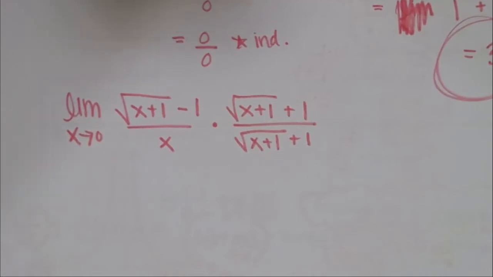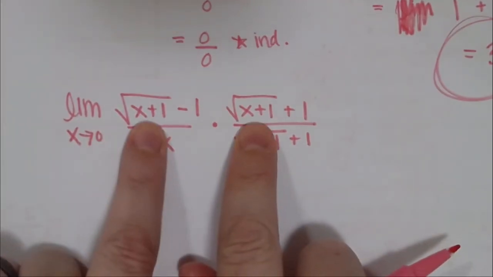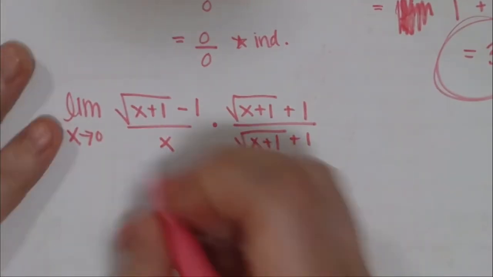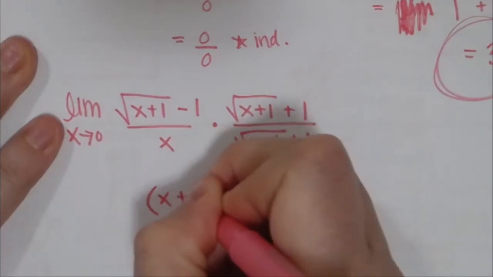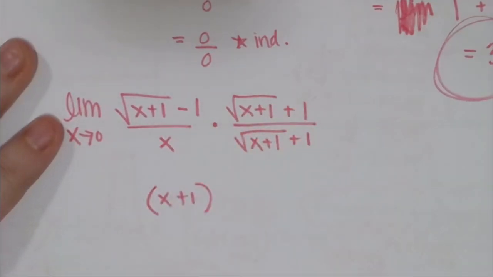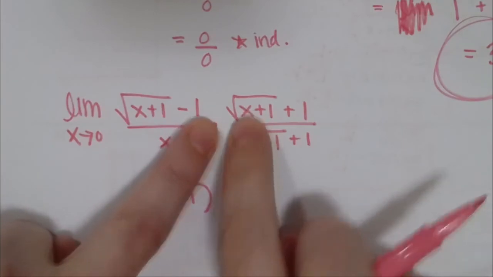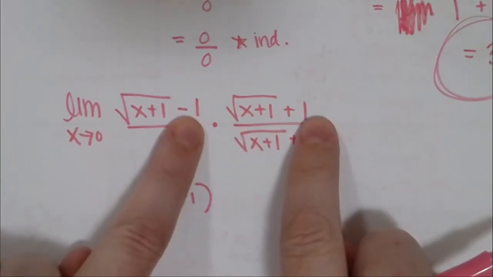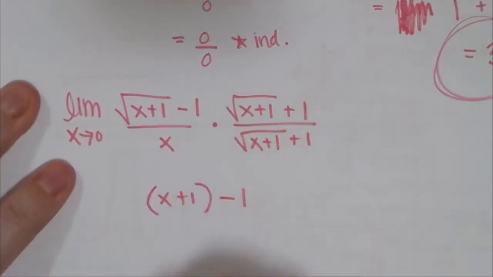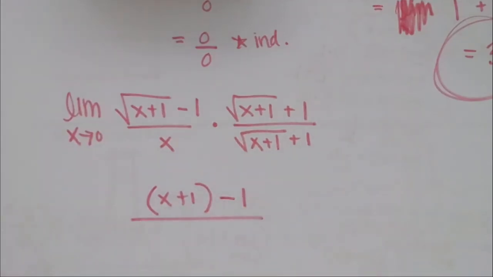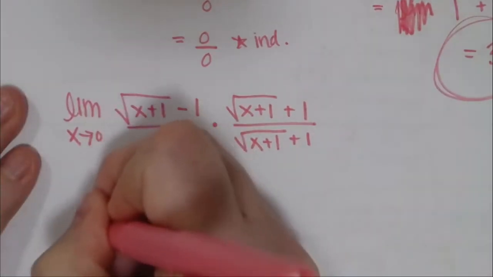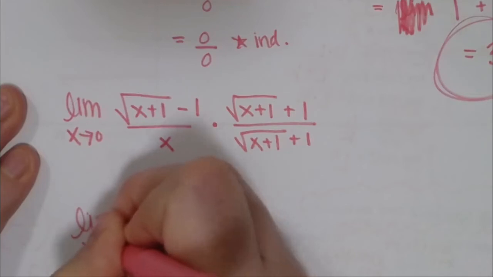So I'm going to multiply these together. This times this is this squared, so it ends up just being x plus 1. No more square root to worry about. Well, positive, negative, that's going to end up canceling, and then negative 1 times 1 is negative 1. So the top looks much nicer. So my limit is looking a little better on top.